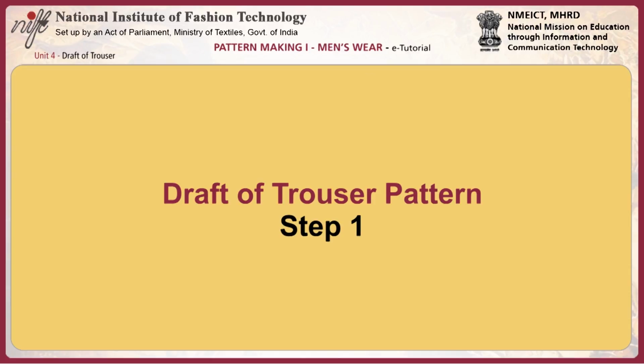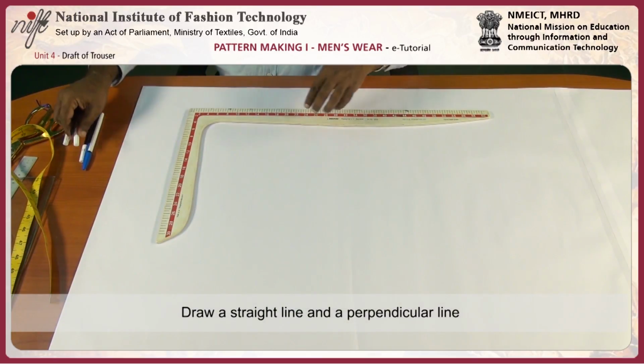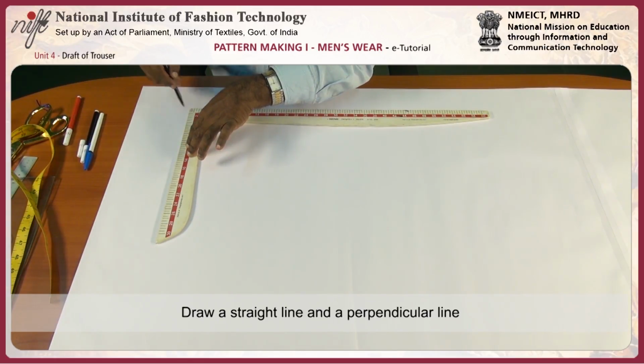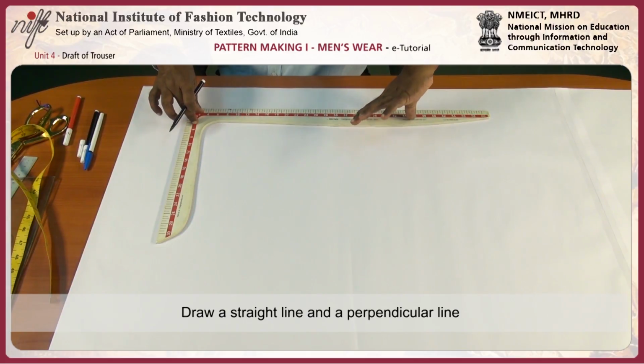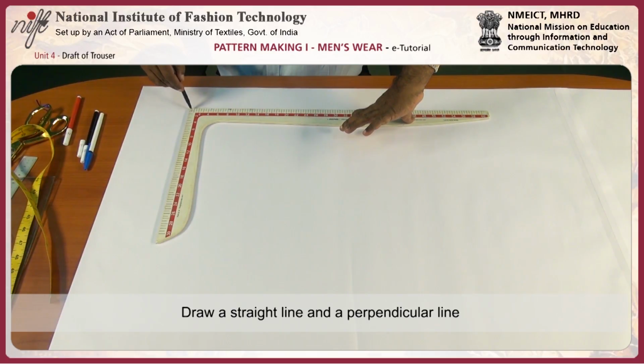Draft of trouser leg patterns, size 32. The same procedure which was used for drafting the shirt can be applied here too. We are going to start with step 1, which starts with drawing a vertical line, and perpendicular line.